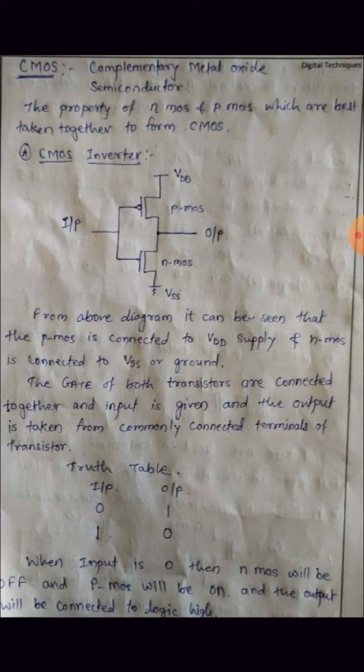And when input is 1, then NMOS will be on and PMOS will be off and output will be connected to logic 0 or logic low level. Yes, with the help of this metal oxide semiconductor, it is the internal structure of NOT gate with the help of the CMOS inverter. I think all of you are clear about the CMOS inverter.